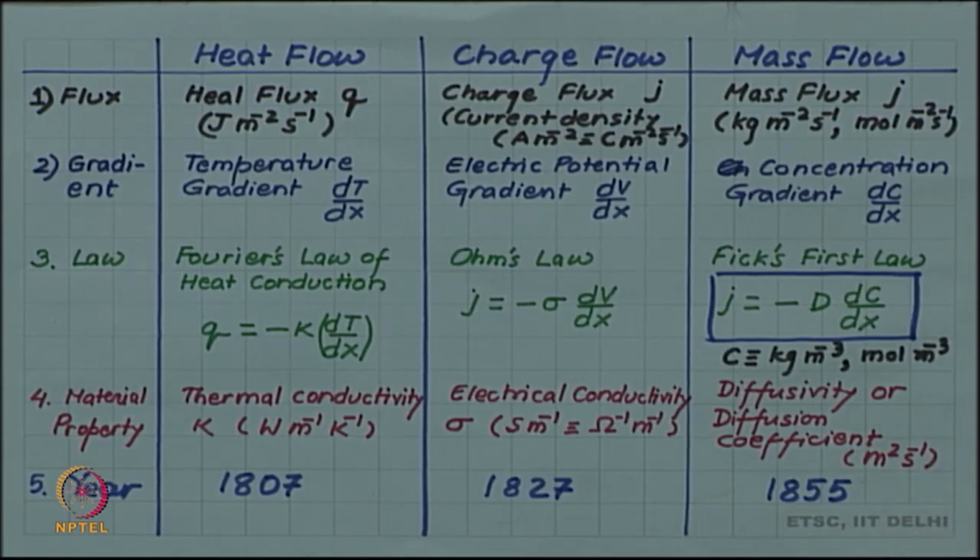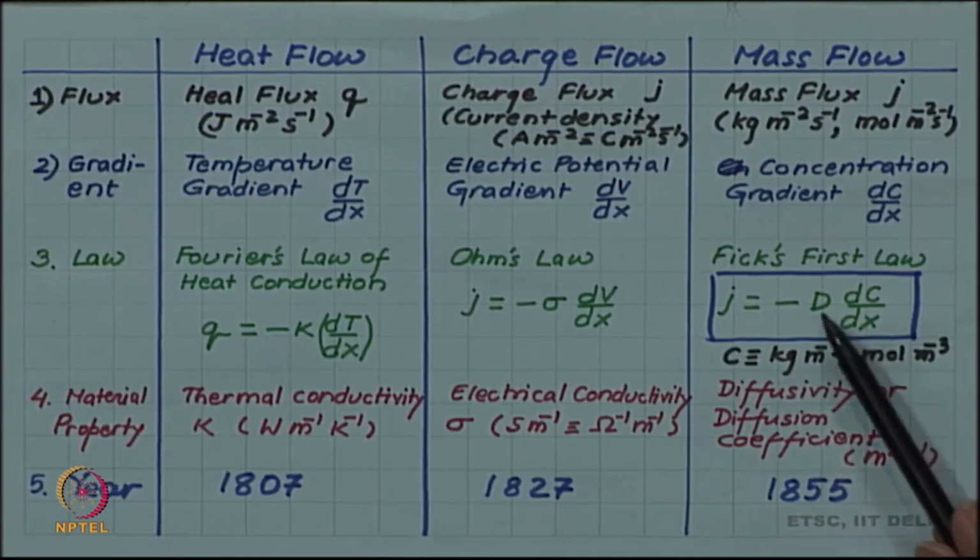We saw in the phase diagram we used atomic percent or mole percent or weight percent as our x axis, and that was also a unit of concentration. That unit is fine, but if we want to use Fick's first law, we should use the concentration per unit volume, then only we will get a consistent D, which will be in meter square per second.